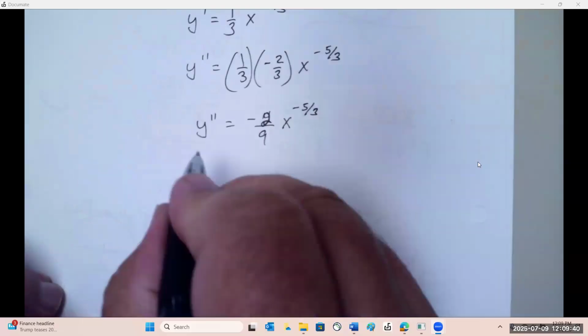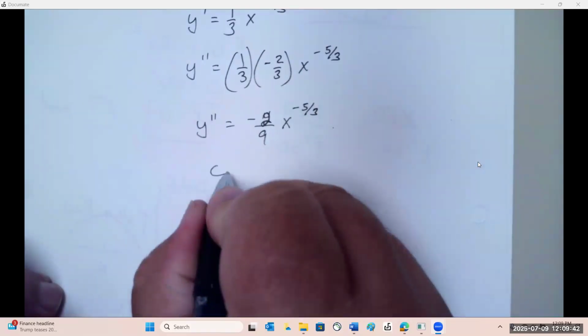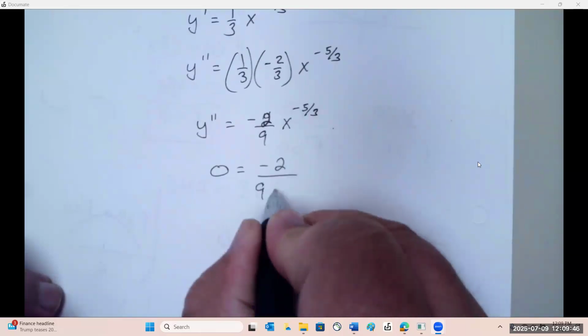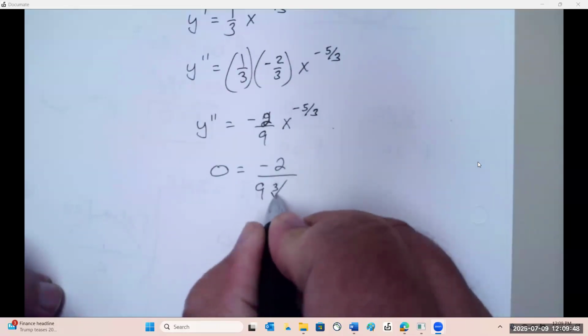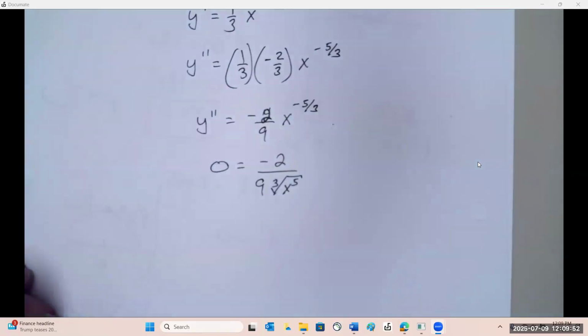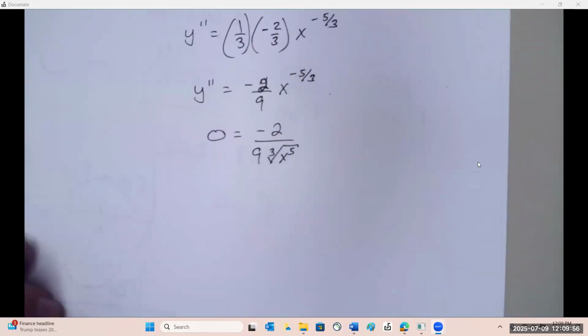So what this one looks like, set it equal to 0. Can we expand our definition, or the points we're looking for, like we did for the first derivative?